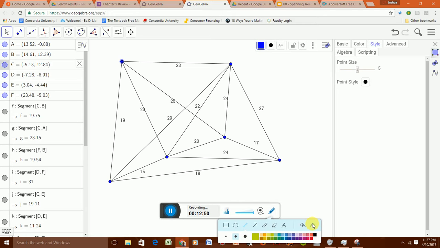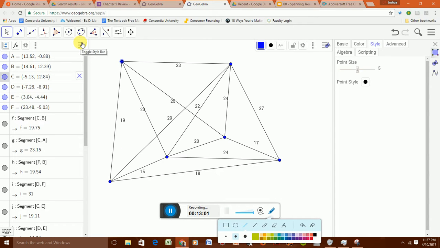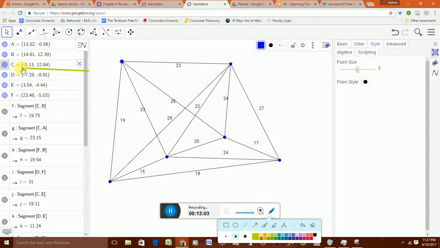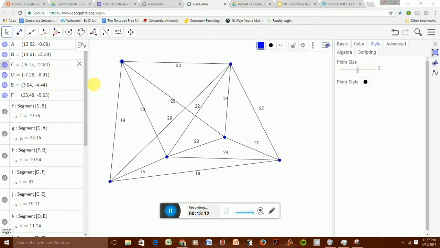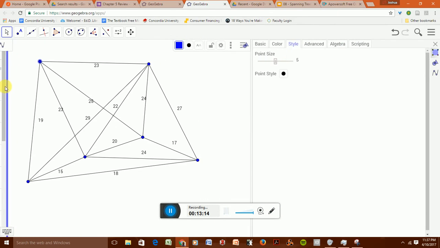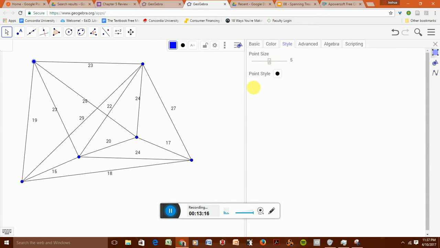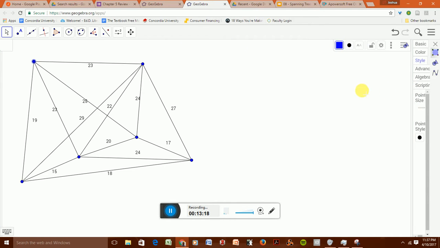We see we have a lot of edges that are connected. And what Kruskal's algorithm, let me hide that sidebar right there. Let me move that out of the way. I don't want to write on the screen right now. Let's take that off so I can move that out of the way. There we go.